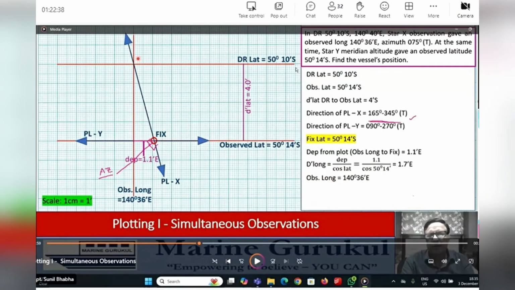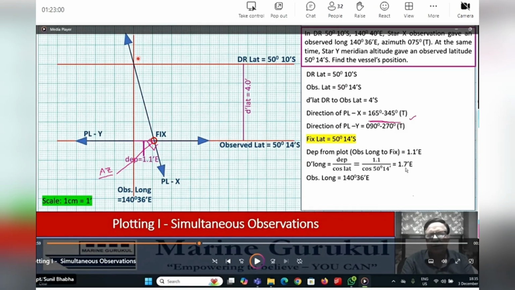Now listen to one bonus point. Even if you take the mean of 50 10 and 50 14 and put it here as 50 12, cos of 50 12, the numerical answer is going to still remain the same, because this much difference in latitude is not going to give you any practical difference in your answer.